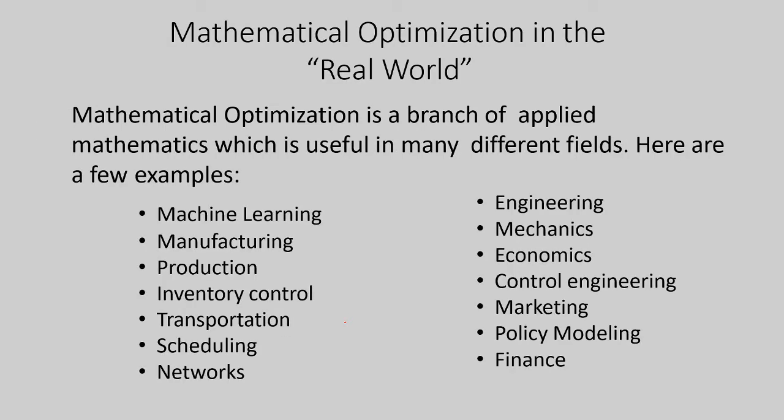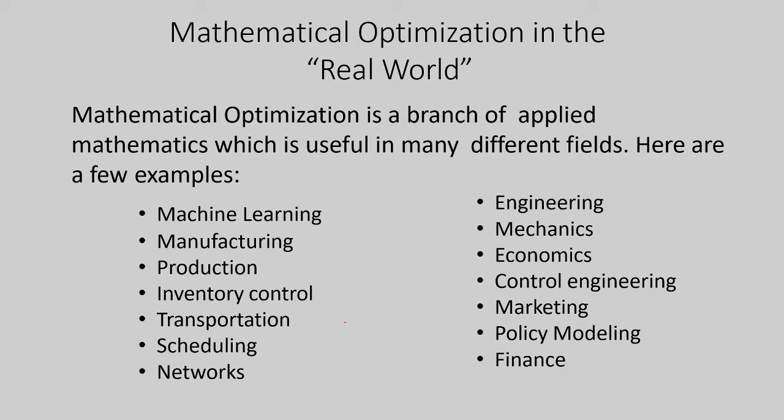Very similar to that, these are the different branches or areas where optimization plays a major role. First, machine learning, where we try to find decision making as well as the optimal values for support vector machines, artificial neural networks and radial basis functions. The second is manufacturing and production, inventory control, transportation, scheduling, networks, and a lot of fields.